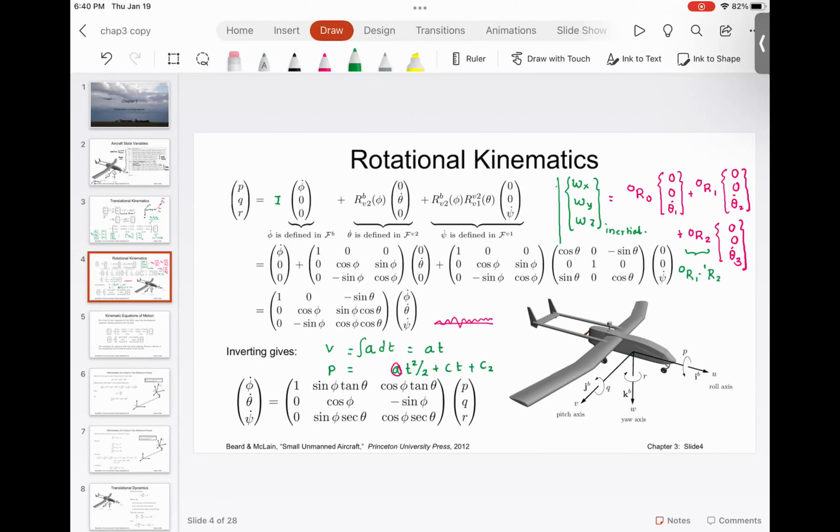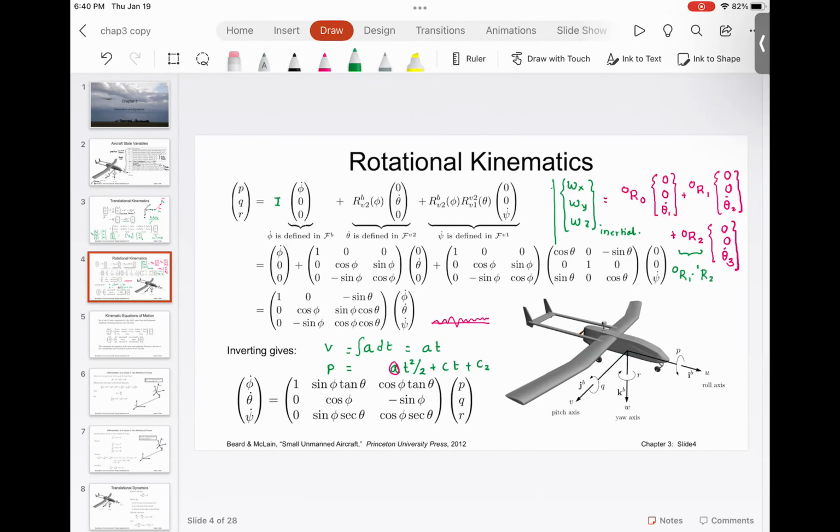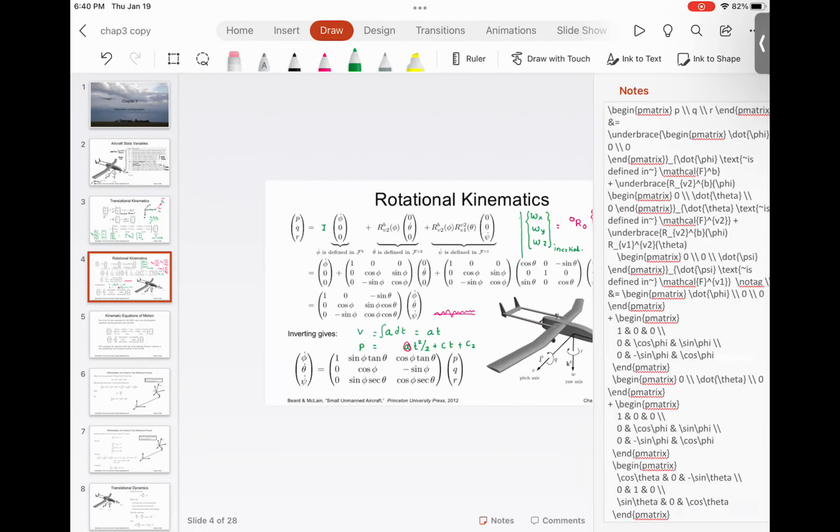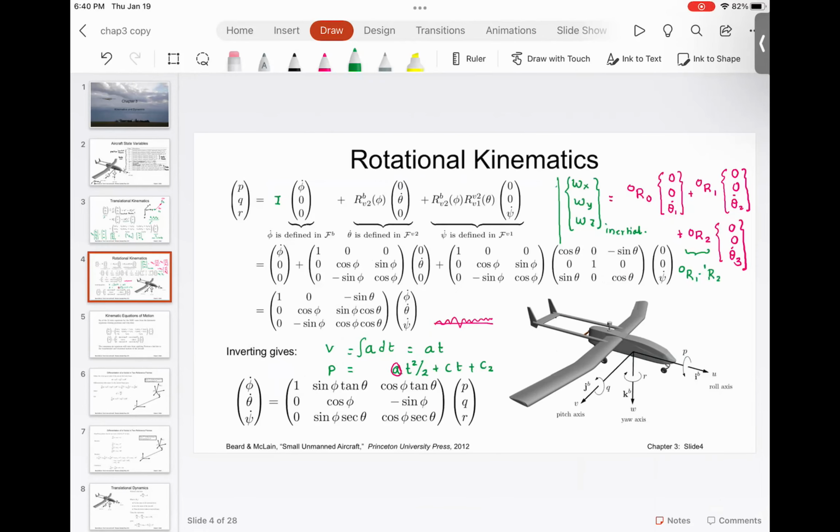Everyone understood this? This is exactly the same as what we studied in robotics 1. The only difference is that this PQR is in the body frame and these individual rotations are in their respective frames.